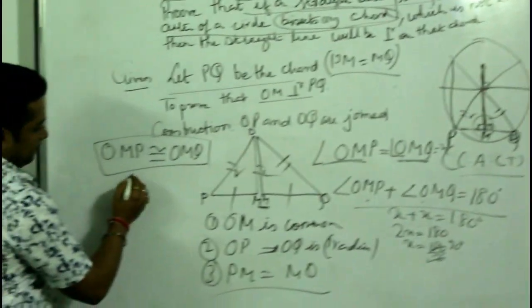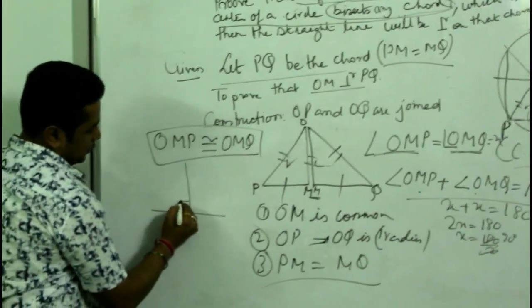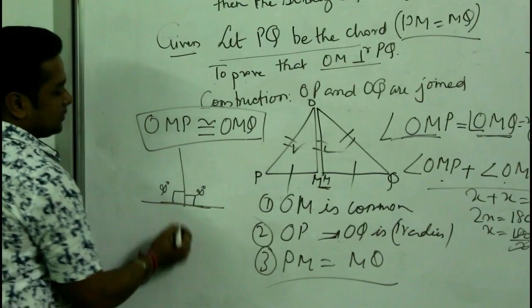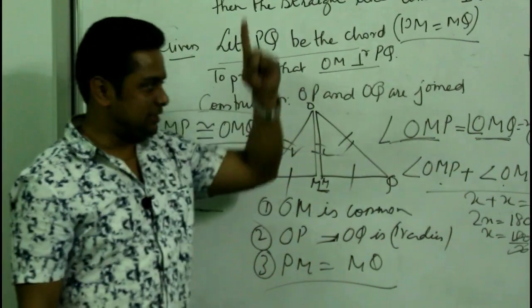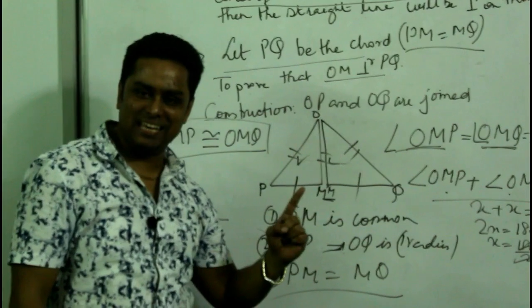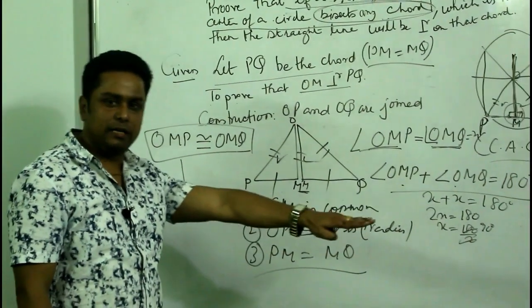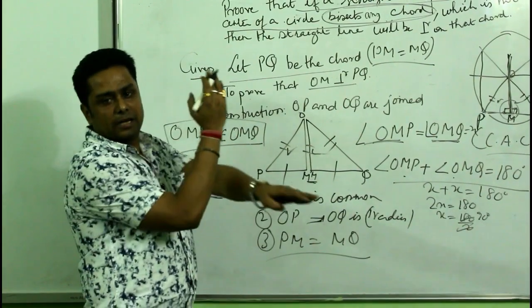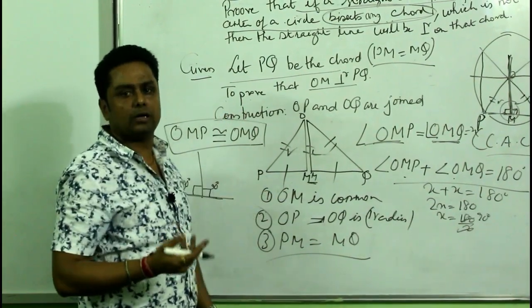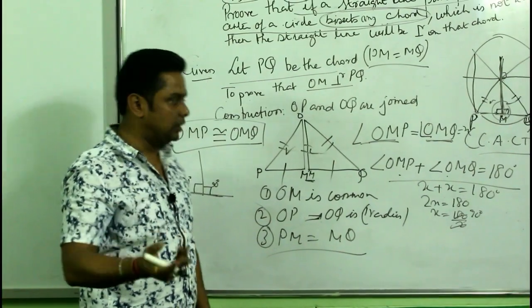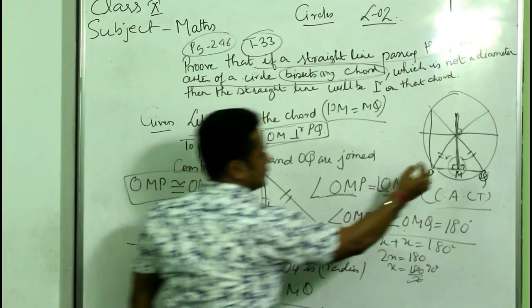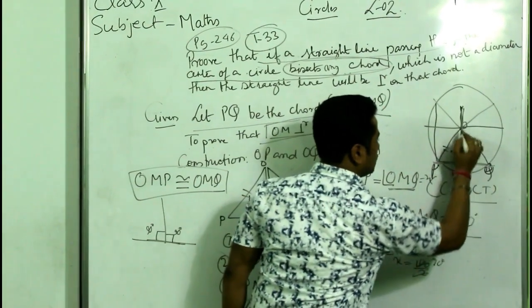That means angle OMP and angle OMQ both are 90 degree. That means this straight line is making an angle of 90 degree with the chord, and any line making 90 degree with another line is perpendicular. That means we have proved that OM is perpendicular to PQ.